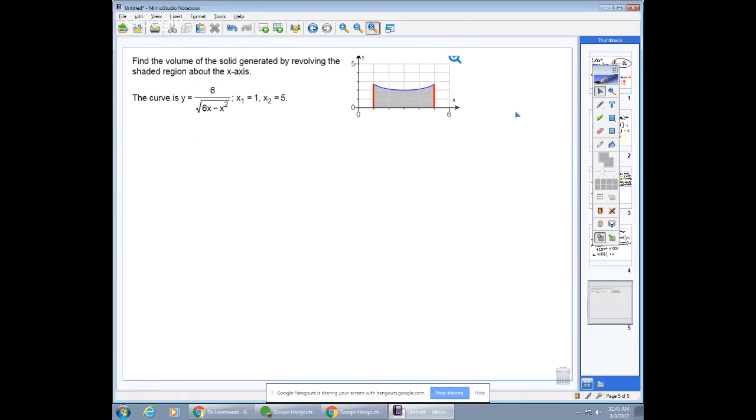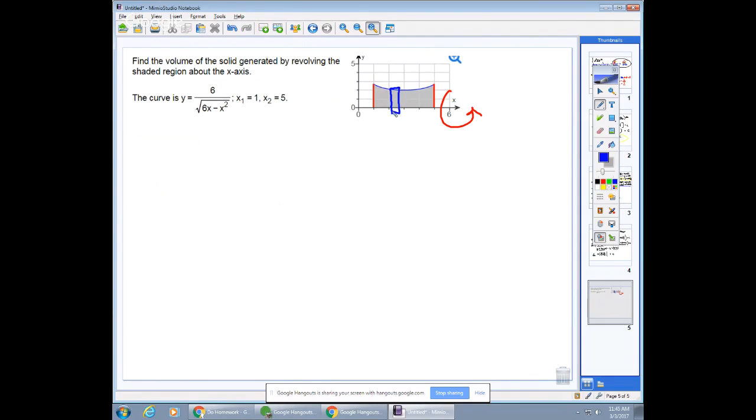Find the volume of the solid by revolving around the x-axis. So I want to draw that in. So I'm revolving around the x-axis. All right, so my opinion is I probably should use shells. No, discs.